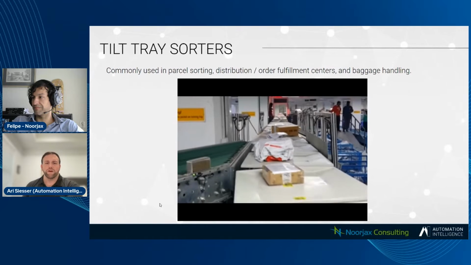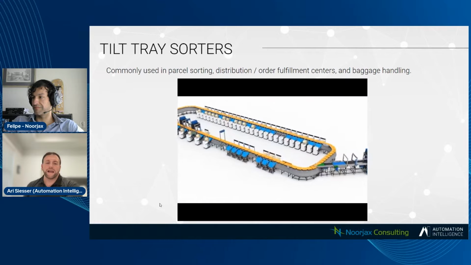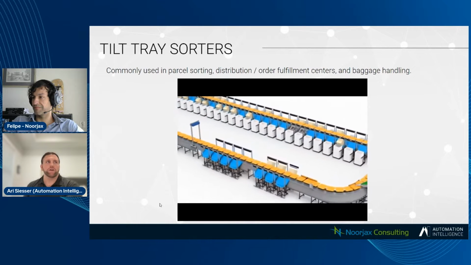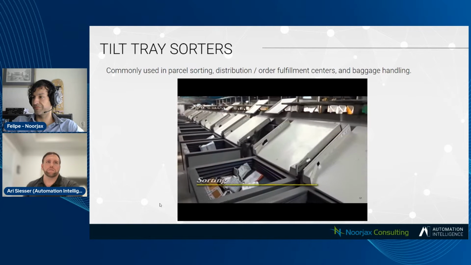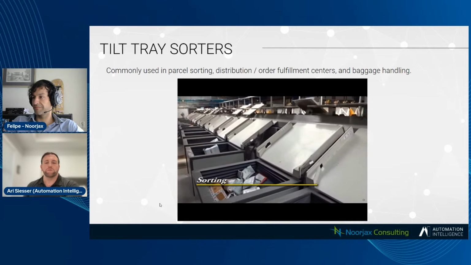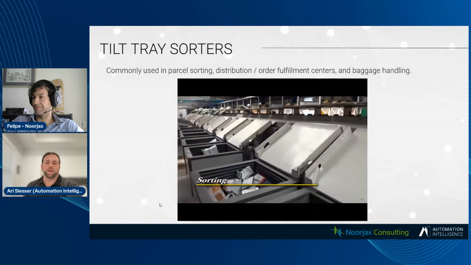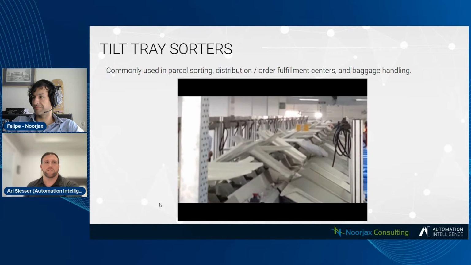And so these have some uses in things that you would be familiar with, baggage handling. So when you check a bag, that bag needs to get sent to the correct gate, and that's using a TiltTray sorter. Similarly in parcel sorting, so when you send a small package through UPS, those packages get diverted to a separate area of the facility and get grouped based off their destination.